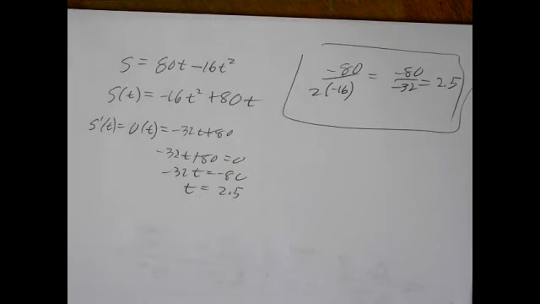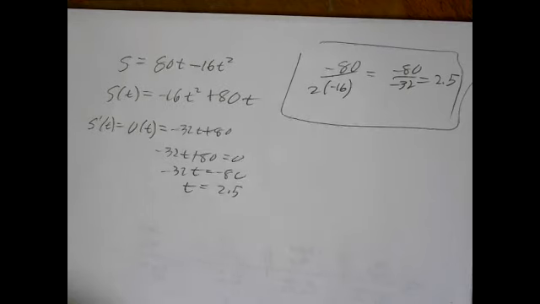All right. It wants to know what's the velocity of the ball when it is 96 feet above the ground on its way up and on its way down. Well, if we're going to answer that question, the first thing we have to know is when was it at 96 feet on its way up? And when was it at 96 feet on its way down?